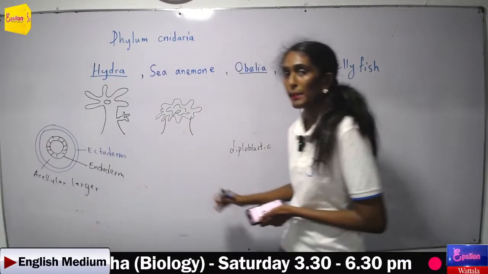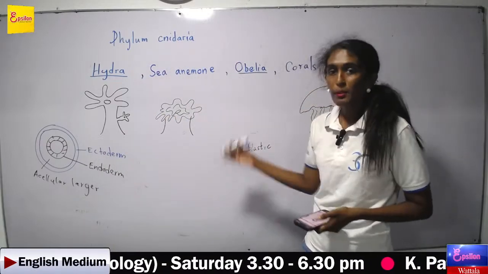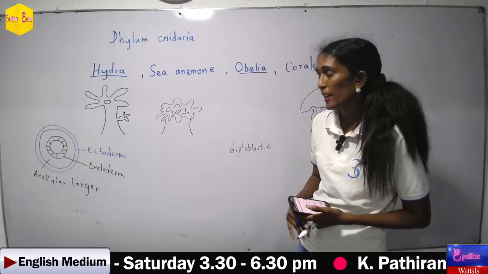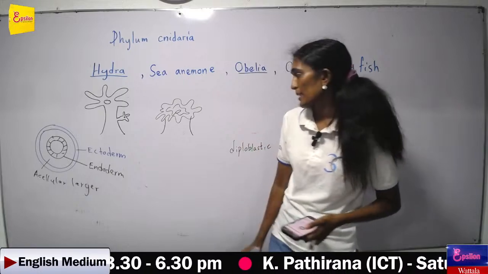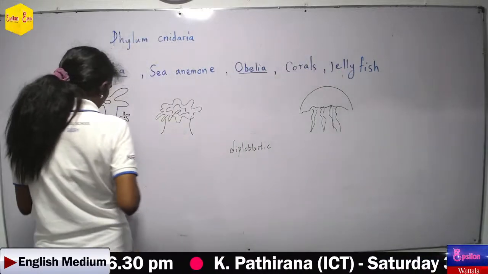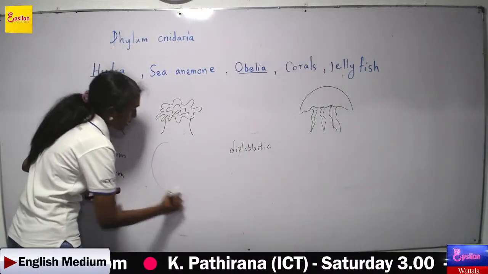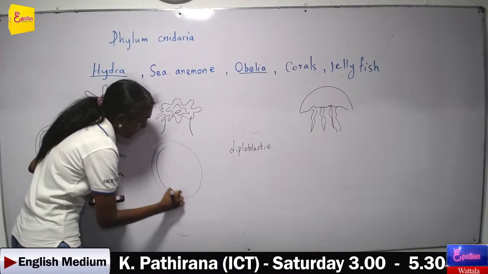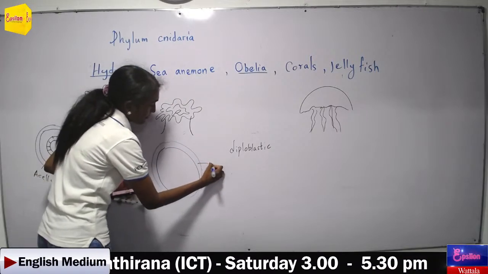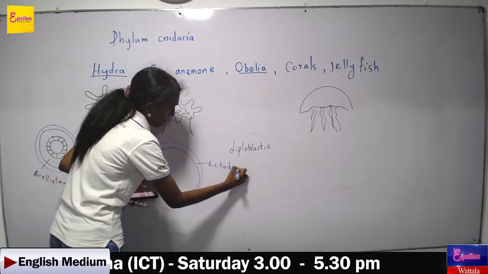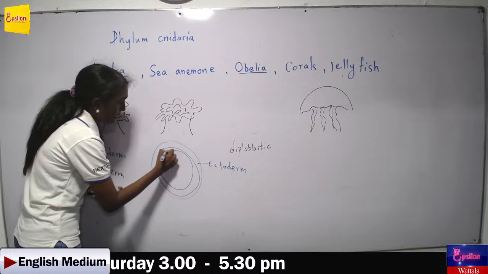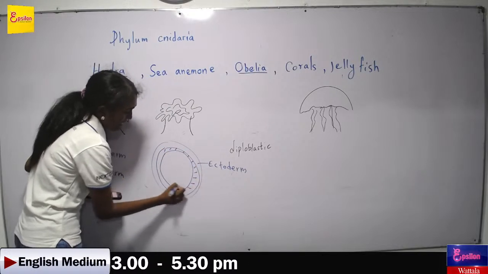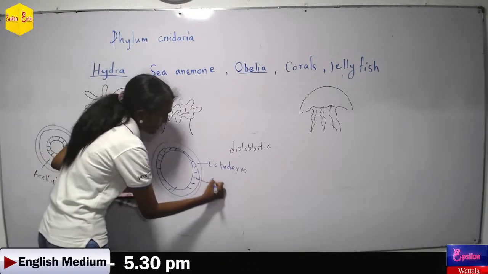When the body complexity increases, the triploblastic nature came. That means how many germ layers should be there? Three. Triploblastic means three. So these animals are having three germ layers. What is the outermost layer called? Ectoderm. Then we have the middle layer, which we call the mesoderm.